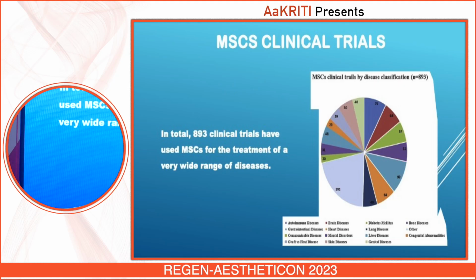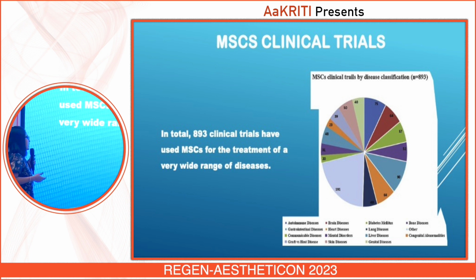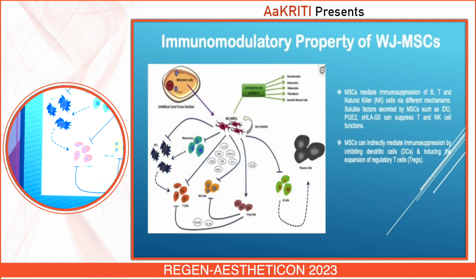So many clinical trials are going on for different indications: diabetes, liver, and during COVID also, these mesenchymal stem cells have been used for treatment of the COVID virus. So I told you about the two important properties.